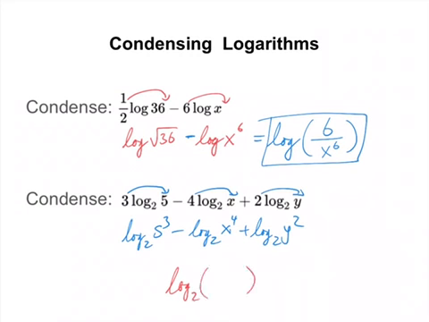Since I have a minus right there, I know there's going to be a fraction. 5 to the 3rd is 125. Put that on top. x to the fourth is a minus, that goes to the bottom, so x to the fourth is in the bottom. But we have this plus y squared. So the y squared is actually being on top because it's a plus. So it's going to be looking like that as a condensed version.